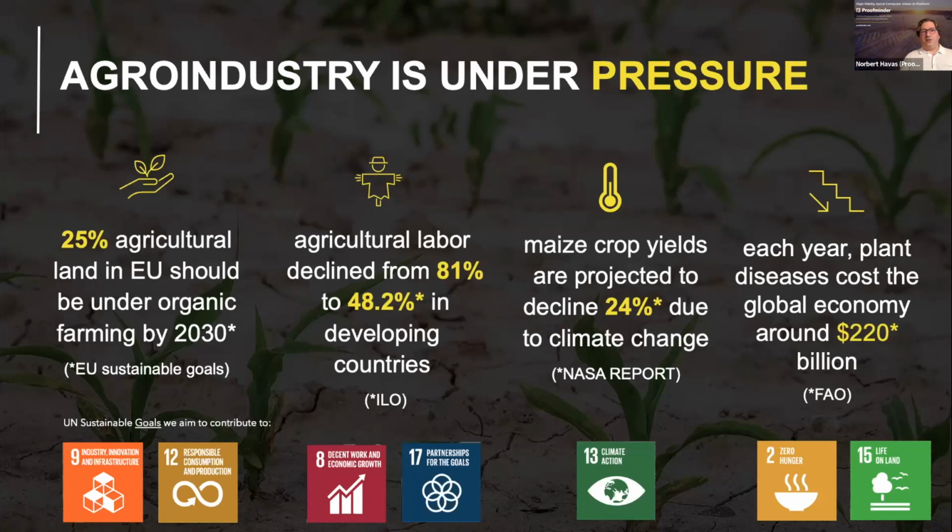But you probably don't know that the regulators also push this segment a lot to be more economical, to use fewer chemicals, to take land out of extensive agriculture, and to be more bio and organic.